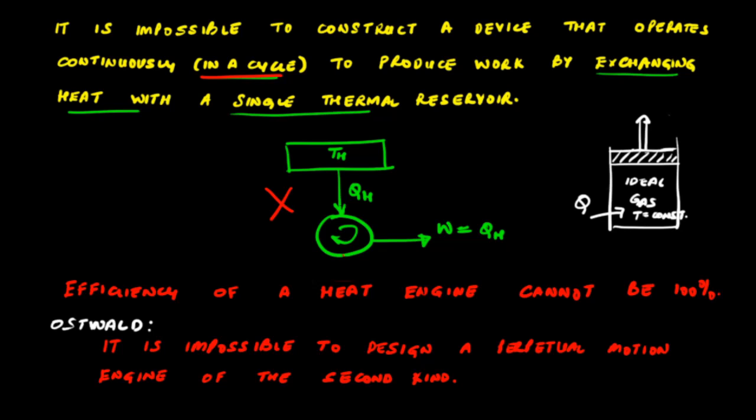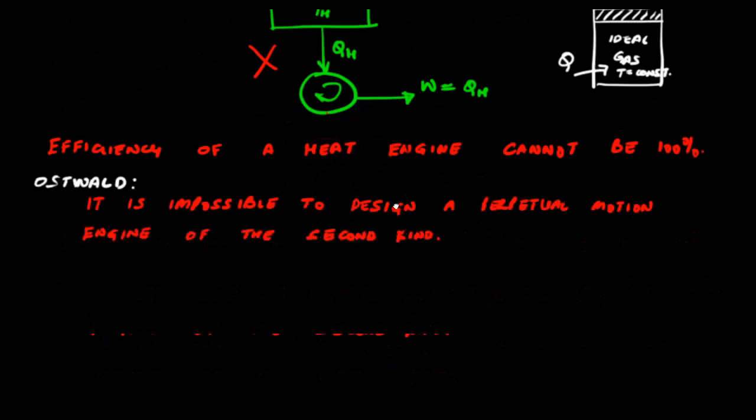To show that they are equivalent, we need to show that if the Clausius statement is violated, then the Kelvin-Planck statement is violated, and also that if the Kelvin-Planck statement is violated, then the Clausius statement is also violated. If we are able to show this, then we can use either one of these statements in our later discussion, because both are equivalent. Now, let us discuss this equivalence of the Clausius and Kelvin-Planck statements.